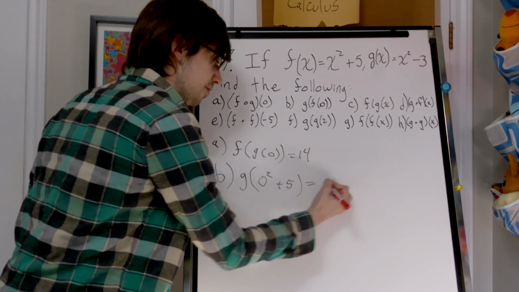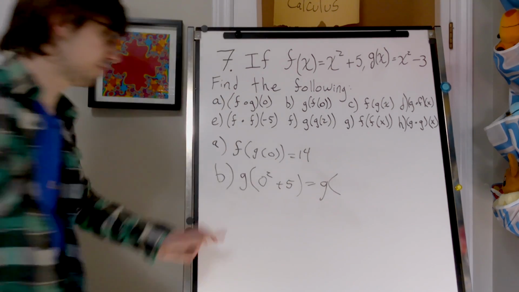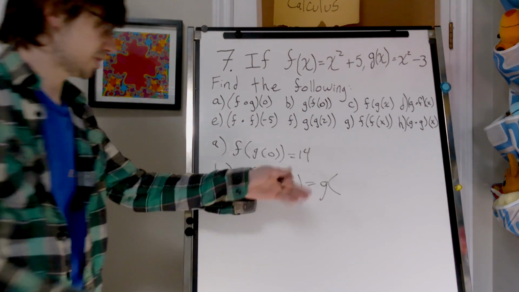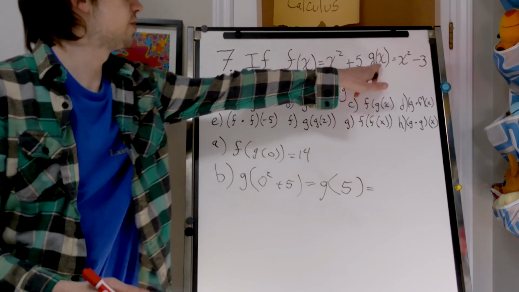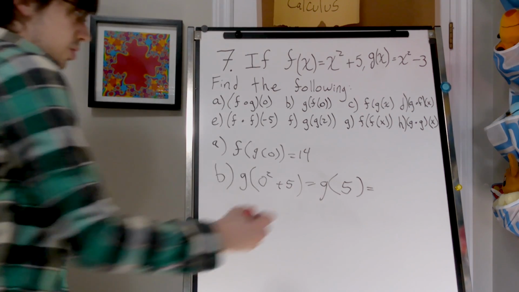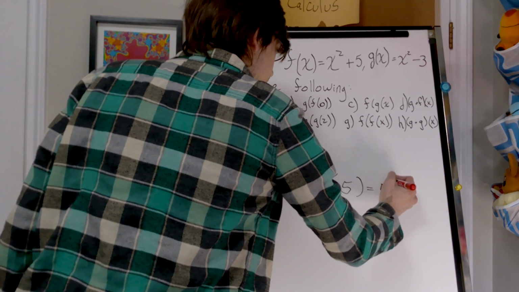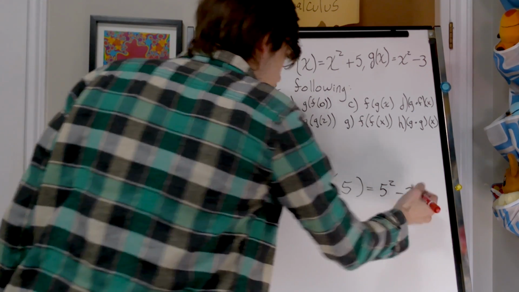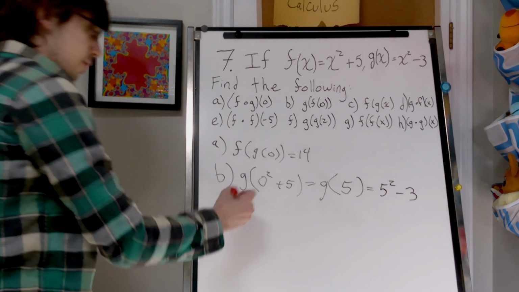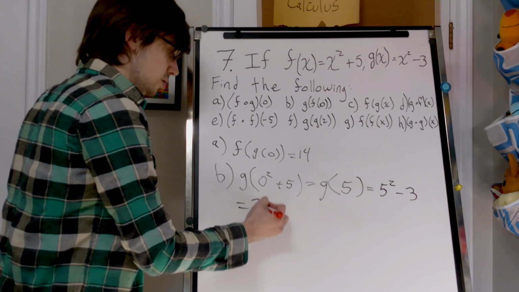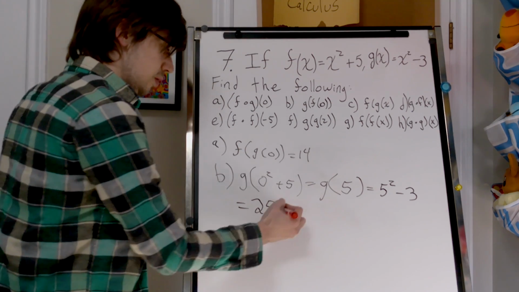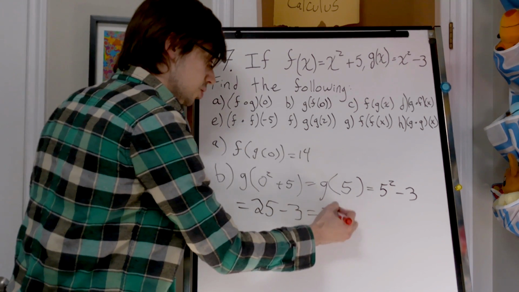If we just solve that for now, 0 squared is 0 plus 5, so g of 5. Plug 5 in for this, and what do we get? We get 5 squared minus 3. 5 squared, that's 5 times 5. That is 25. Minus 3, 22.